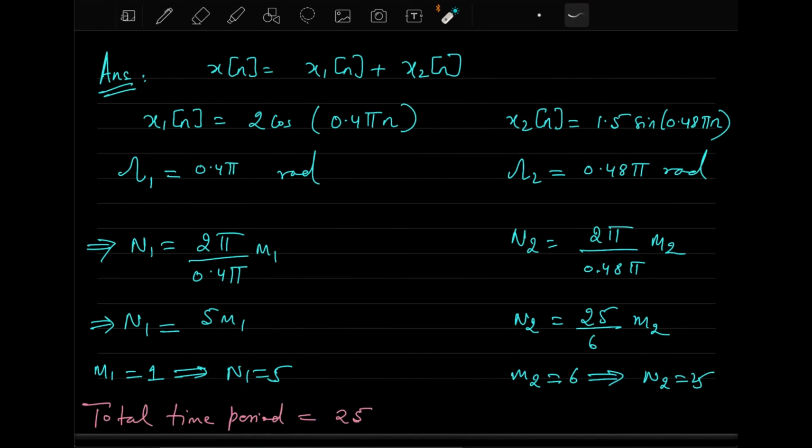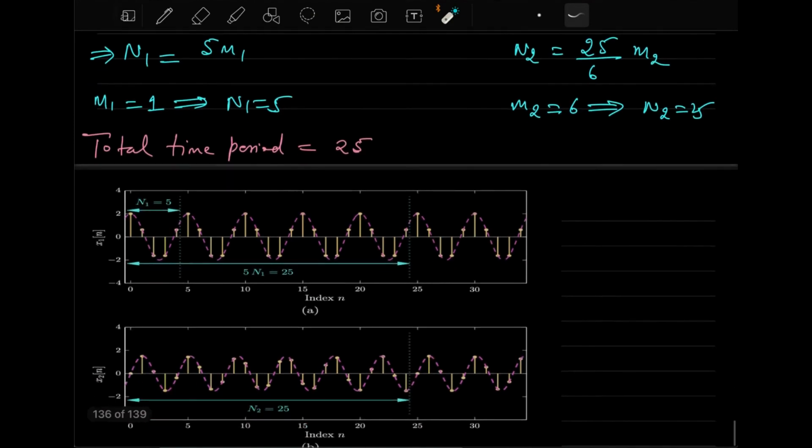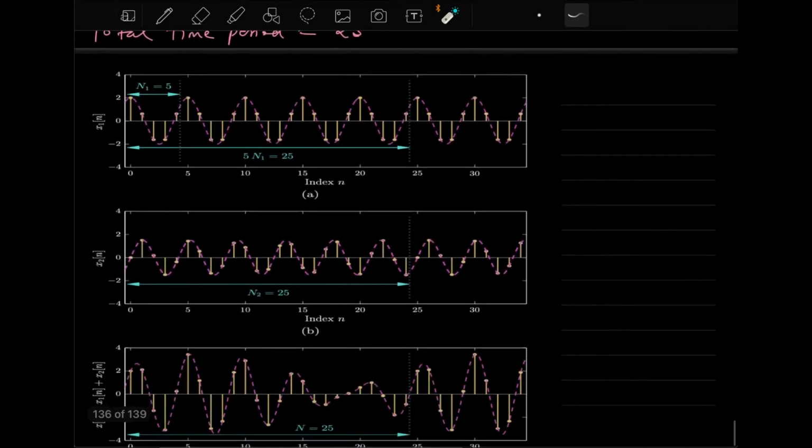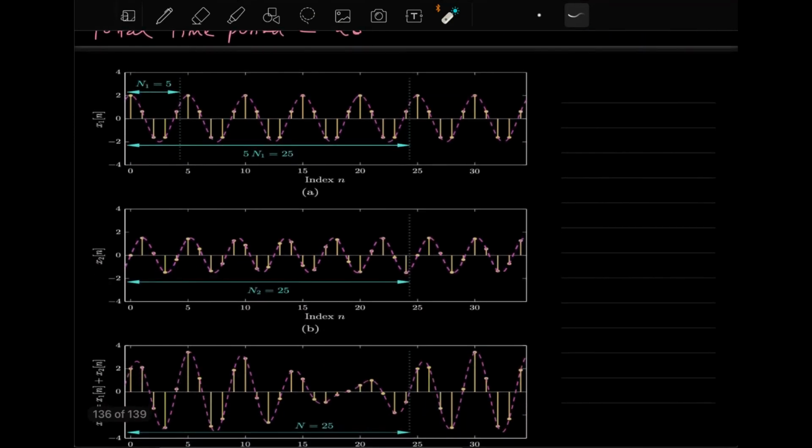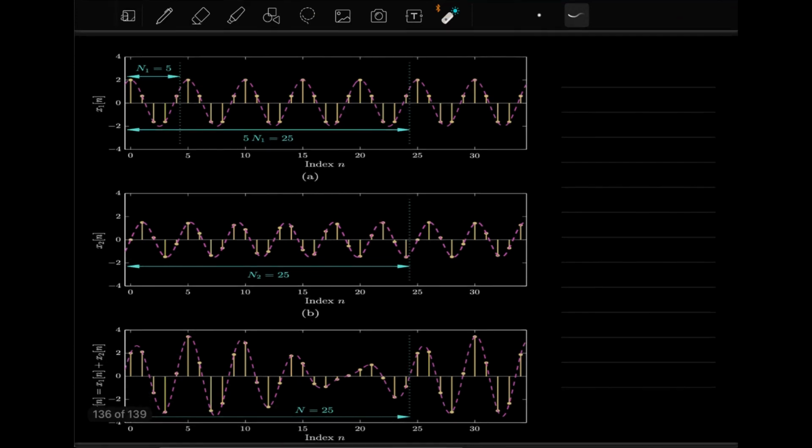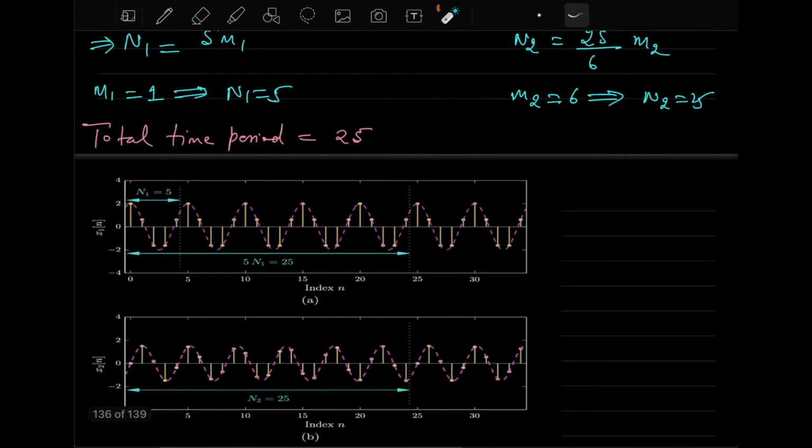And actually, when you simulate this in Python or any programming language, what you will observe is what this 5 is indicating. This 5 indicates that in the total time period of 25, the first signal is repeating 5 times, since its time period is 5, as I was discussing in the continuous counterpart also.